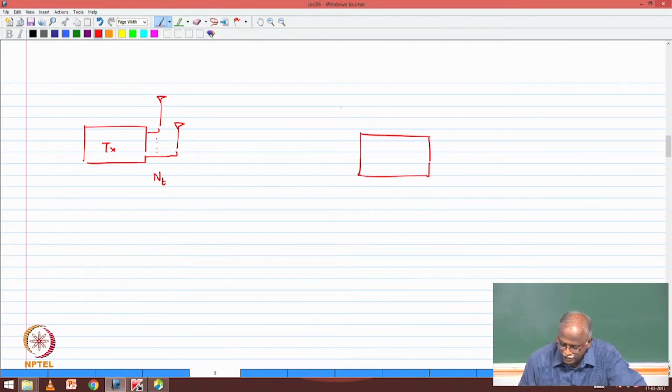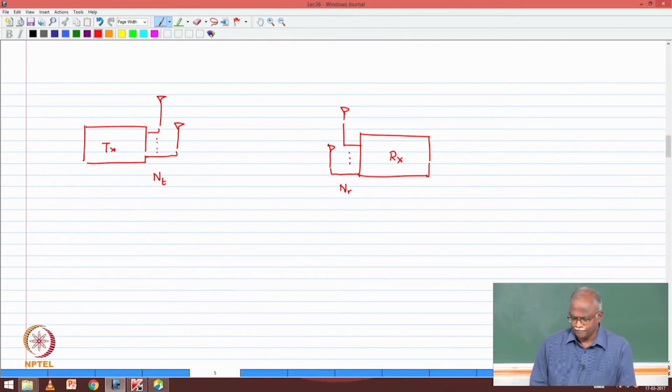This is the most general type of situation that we will encounter. NT transmit antennas, NR receive antennas at the receiver. Let us take the simple case of flat Rayleigh fading channels.